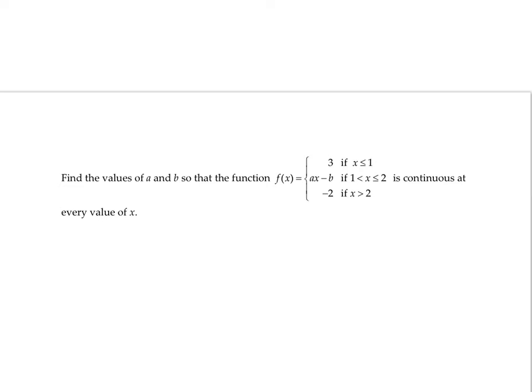So in order to guarantee continuity at x equals 1, we need the limit as x approaches 1 from the left of this function to equal the limit as x approaches 1 from the right of this function.